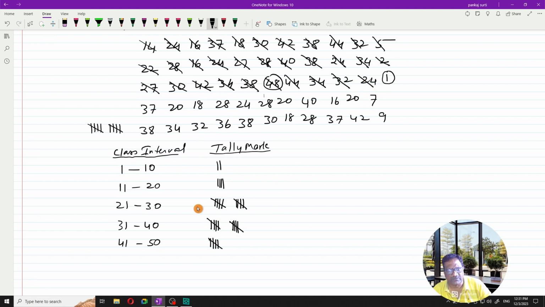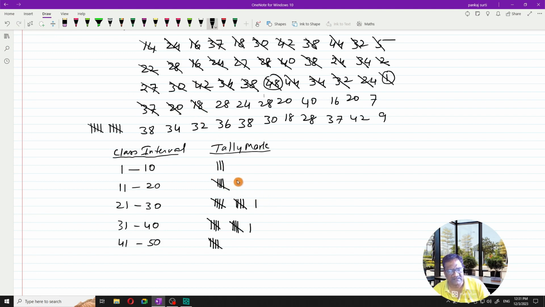Then 24 will be coming here, and then 1 will be coming here in the first class interval, right? 37 will be coming here. 20 again here. So that is already 4 lines, so this is 5.